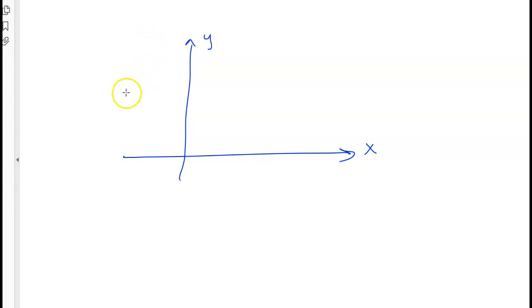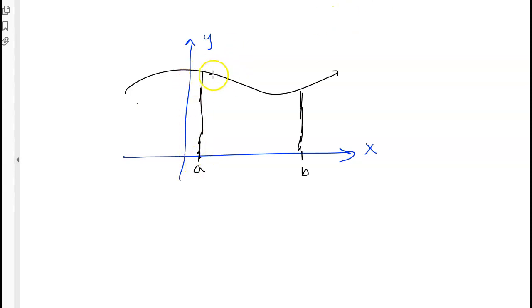So the assumption here is that when we are talking about the strip, let's say we have some function that looks like this, and we're starting at this x value and stopping at that one. And let's say our plate is going to look like this figure from here to here to here to there. So all that's in between here is going to be what the plate looks like.